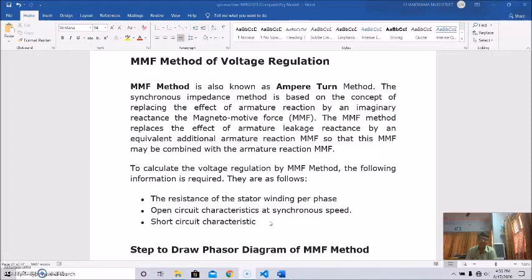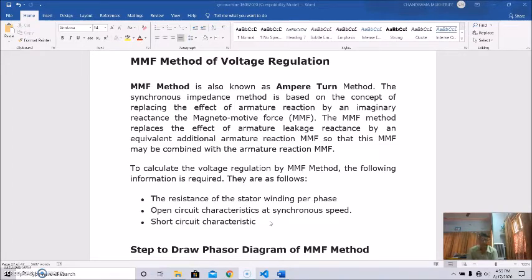Basically, here the synchronous impedance has components: the synchronous reactance drop and the armature reaction drop. These two, the armature leakage reactance and the armature reactance, combined are known as the synchronous reactance.